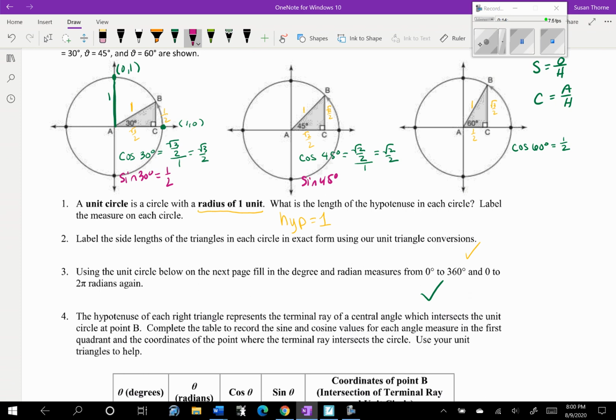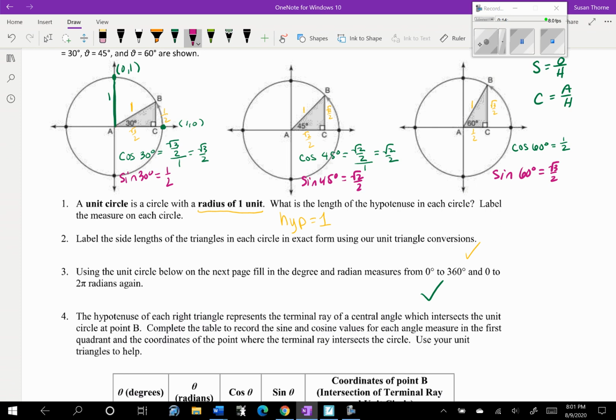The sine of 45 degrees is opposite root 2 over 2 divided by the hypotenuse 1, so root 2 over 2. The sine of 60 degrees is opposite, root 3 over 2, divided by the hypotenuse, which is 1, so root 3 over 2.